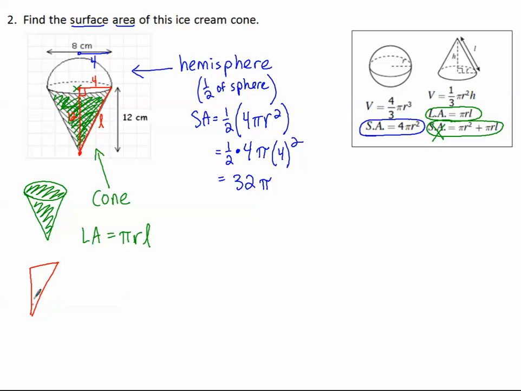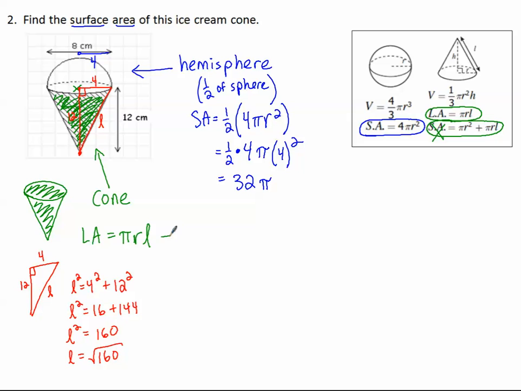If we have a right triangle and I'm missing just one of the sides, Pythagorean theorem. C squared equals A squared plus B squared. Let's compute that. 16 plus 144, 160. Take the square root and we get a decimal. So I'm not going to write the decimal, I'm going to write it as square root of 160.